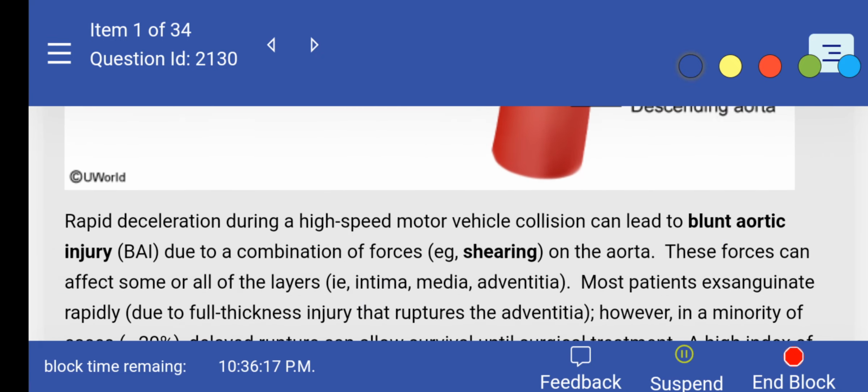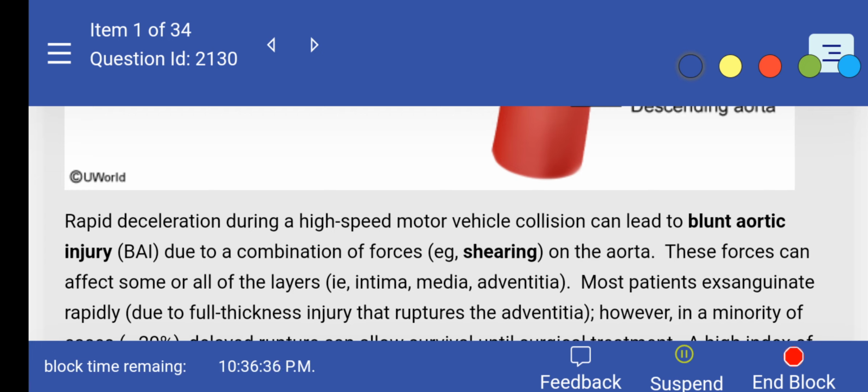A rapid deceleration during a high-speed motor vehicle collision can lead to blunt aortic injury, that is BAI, due to a combination of forces shearing on the aorta. These forces can affect some or all of the layers: intima, media, and adventitia.